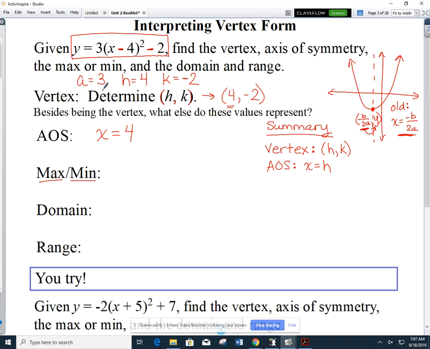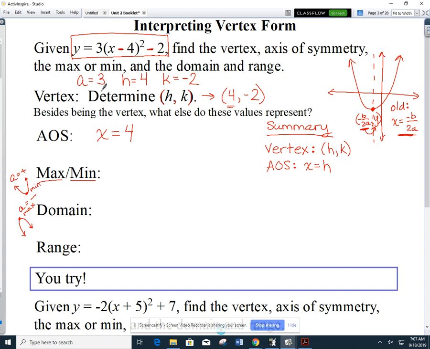We need to know that because if a is positive, the graph opens upward and has a min. If a is negative, the parabola will open downward, and then it would be a max. So it's just the sign of a.